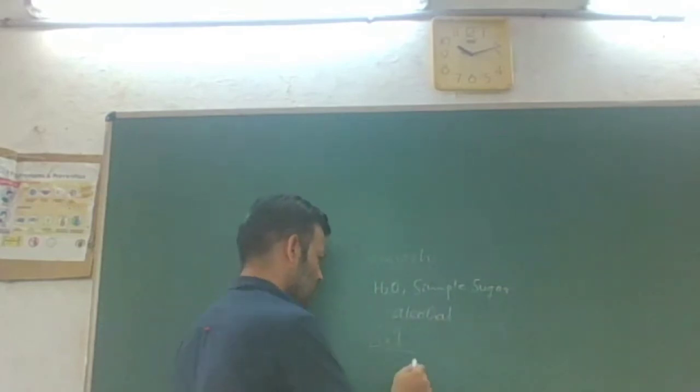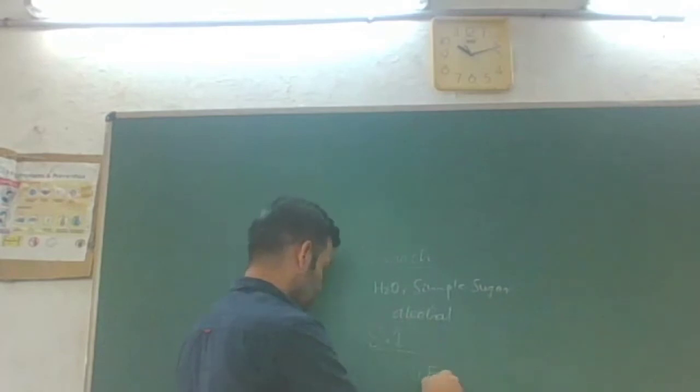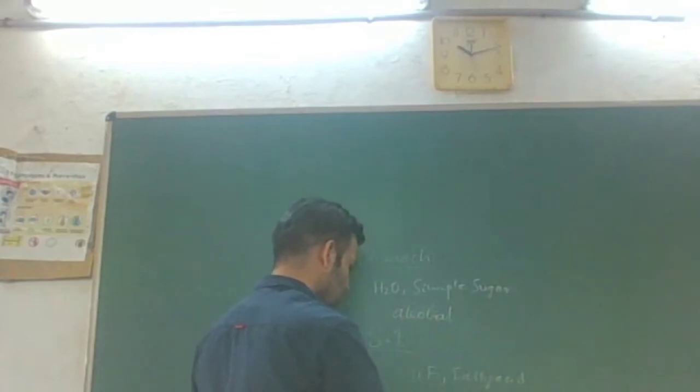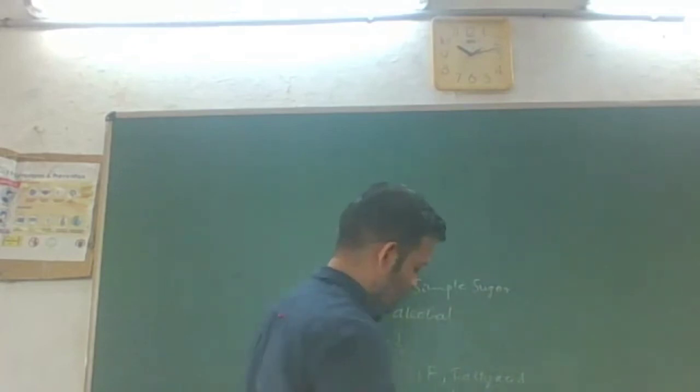Glucose is absorbed in the small intestine only. Fructose is also absorbed in the small intestine only. Fatty acid, glycerol and amino acid are all absorbed by the mucosa layer into the blood vessel and lymph vessel.